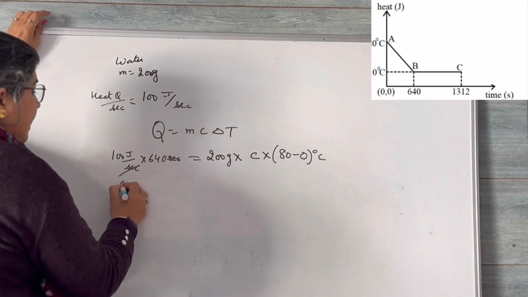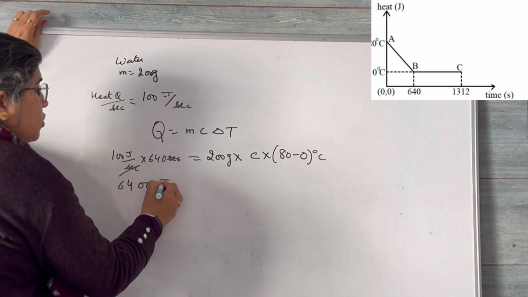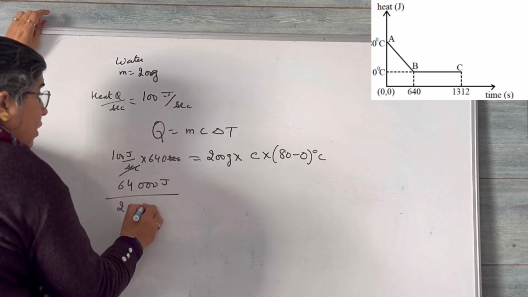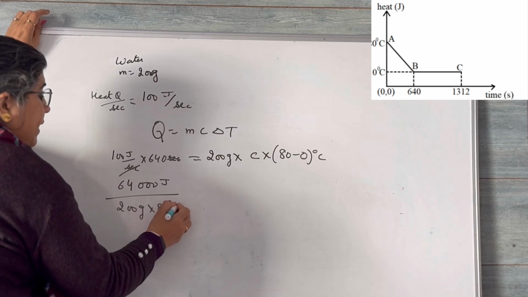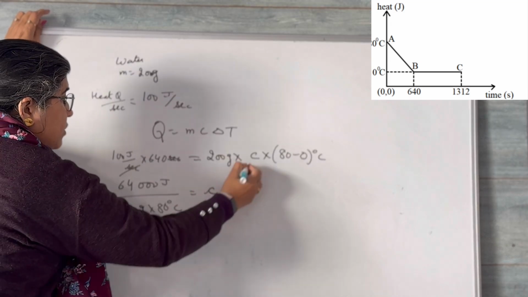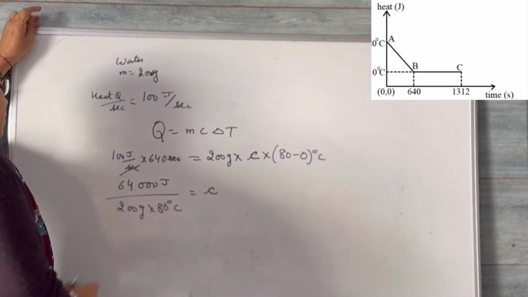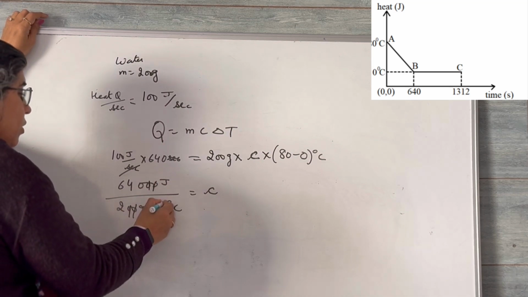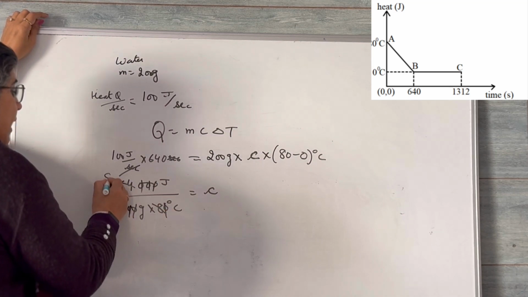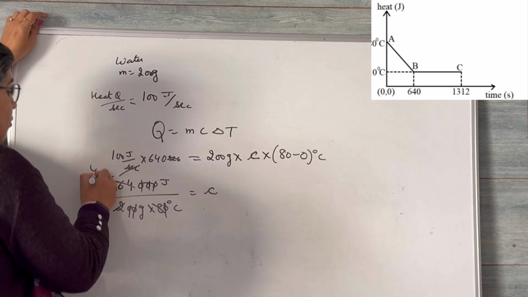Cancel second with second. 64000 joule divided by 200 gram into 80 degrees centigrade. That will give you C. 8 8s are 64. 2 4s are 8.